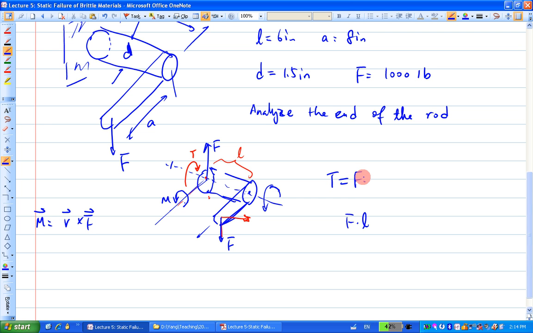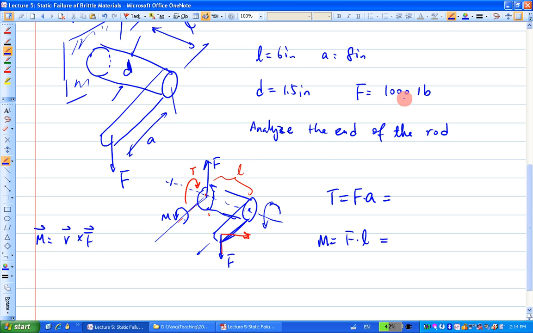So that's F multiplied by A, and the M is F multiplied by L. So F by A, according to this, 1,000 by 8, so 8,000 pound inch. F by L is 6,000 pound inch. That's the two: action, reaction, torque, and a moment.